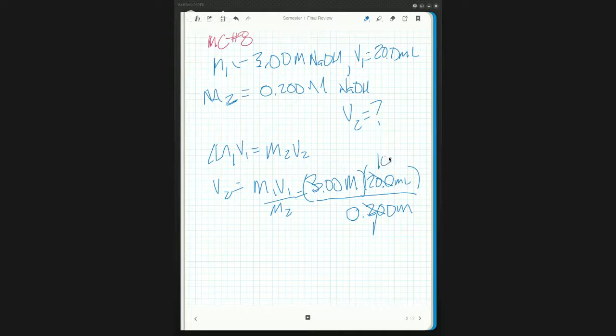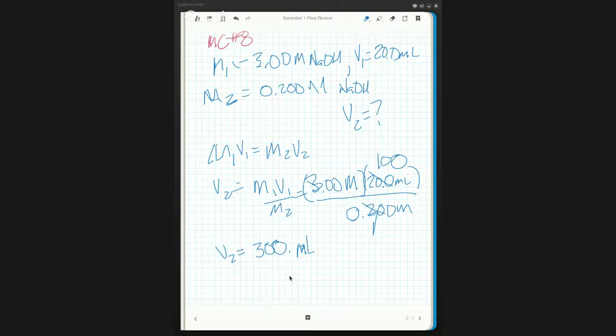Okay, good. So now we're left with V2 is equal to 3 times 100, which leaves us with 300 milliliters. Okay. And then you say, hey, I'm done. Look, it's V2. I solved for V2. It's 300. That's one of the answers.